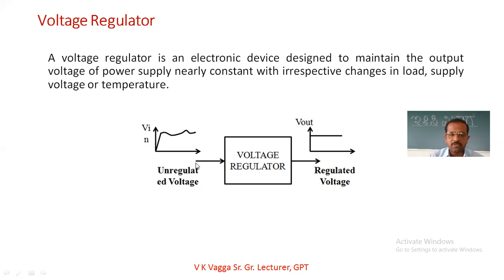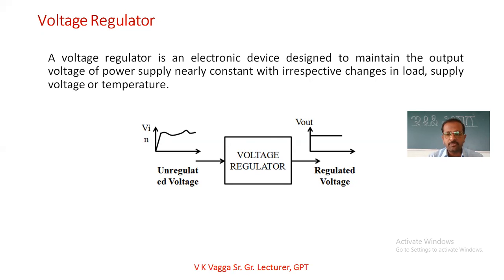The input voltage for the voltage regulator is an unregulated voltage, which is the output of the filter. To implement the regulated power supply, we use the transformer followed by the rectifier, followed by the filter.